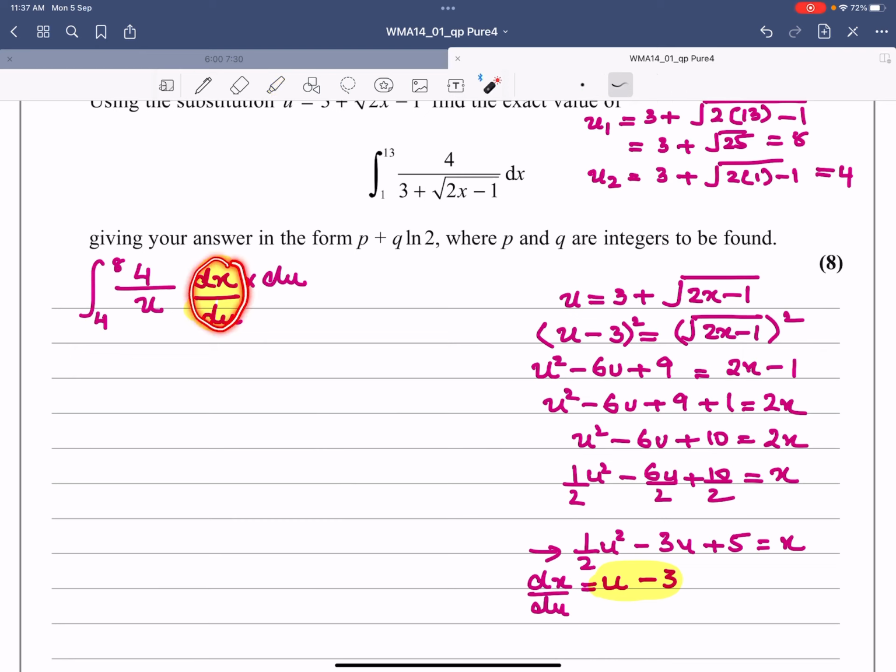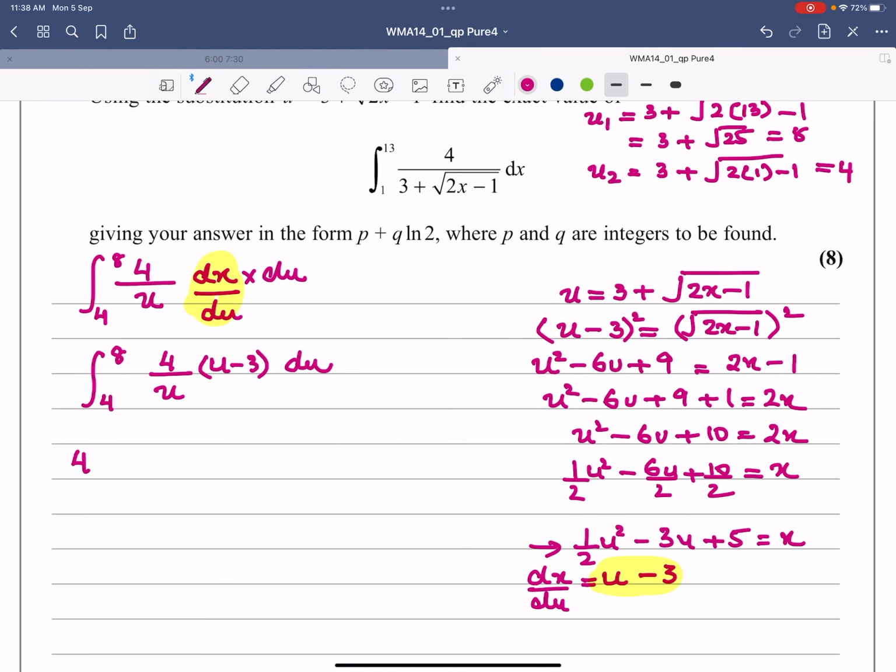here. So I have between the limits 4 to 8, 4 divided by u into u minus 3 with respect to u. Now 4 is a constant, we can remove it out, and we can write this as u minus 3 divided by u with respect to u.